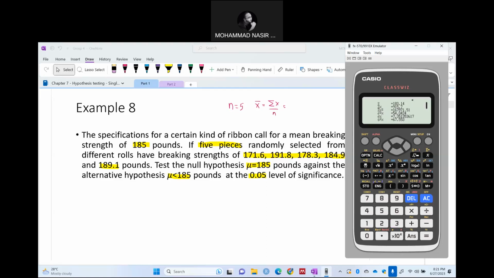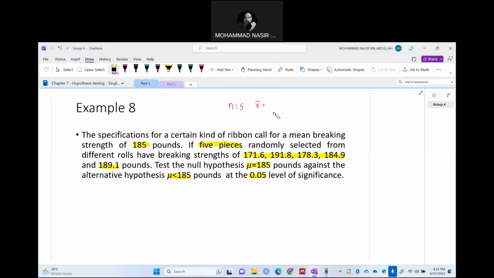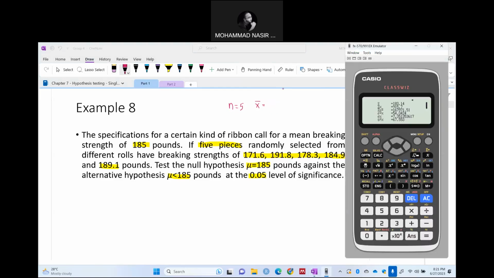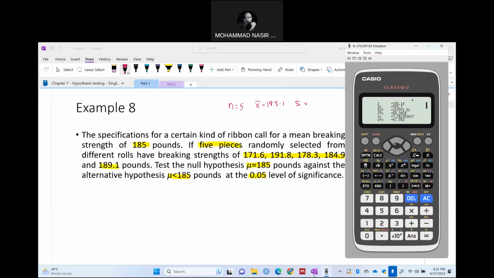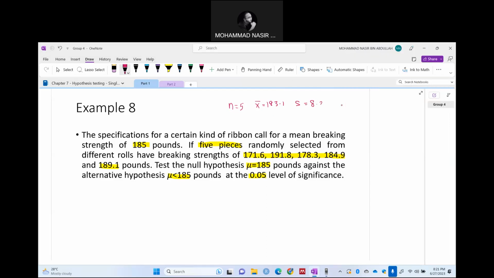So x bar is equal to 183.1. S is equal to, what is your value of S? 8.2190. Right, let's take 8.2 as the sample standard deviation.